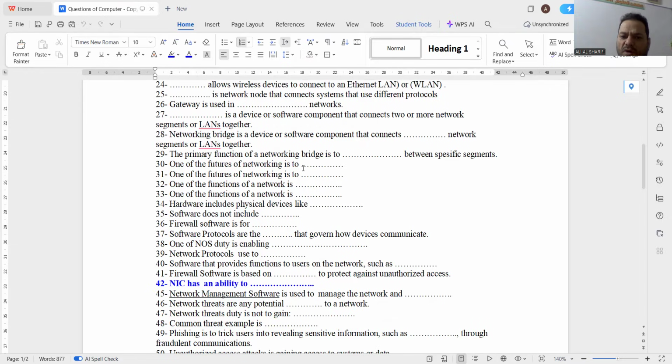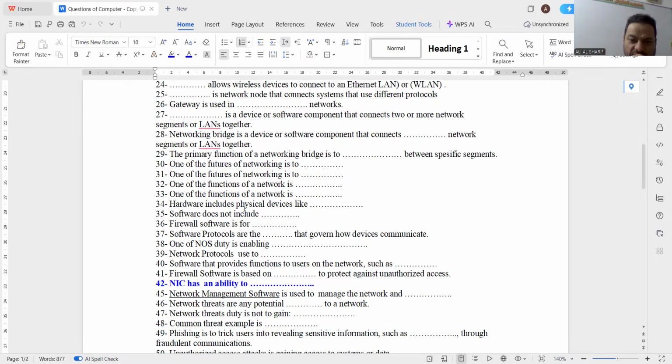I can give you multiple choices and ask which one of them doesn't belong to the features of network. That means you will leave all the options related with features and you will write the strange one, or the one outside of these features. It goes like that.